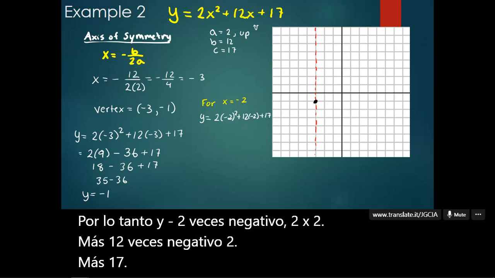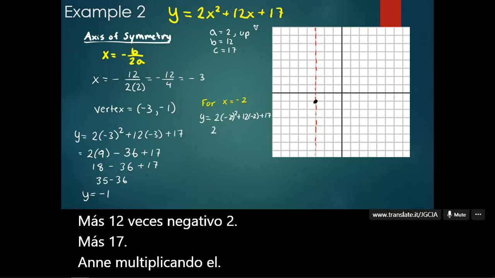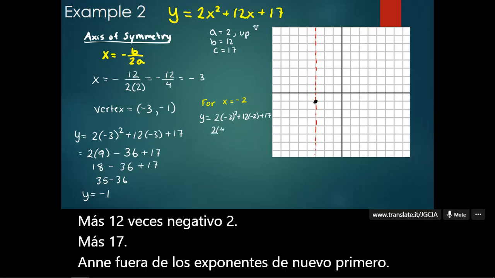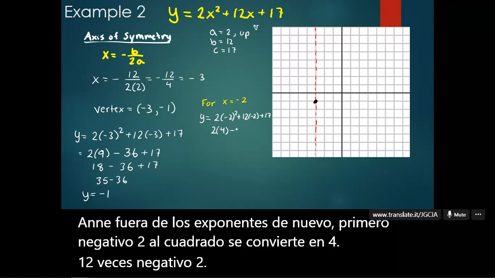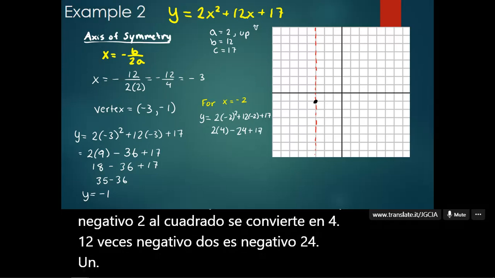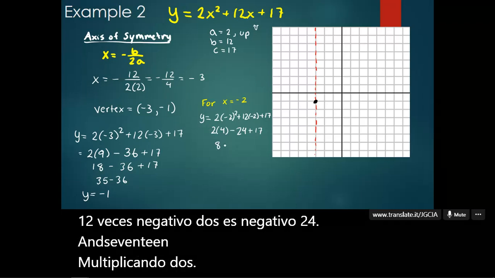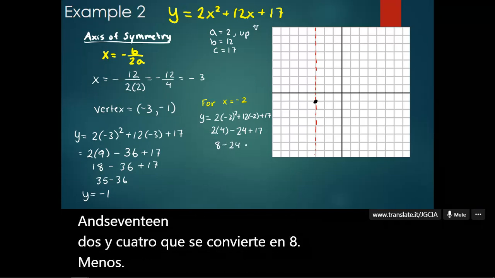And multiplying out the exponents again first, negative 2 squared, it becomes 4. 12 times negative 2 is negative 24. And 17, multiplying out 2 and 4, that becomes 8. Minus 24 plus 17.